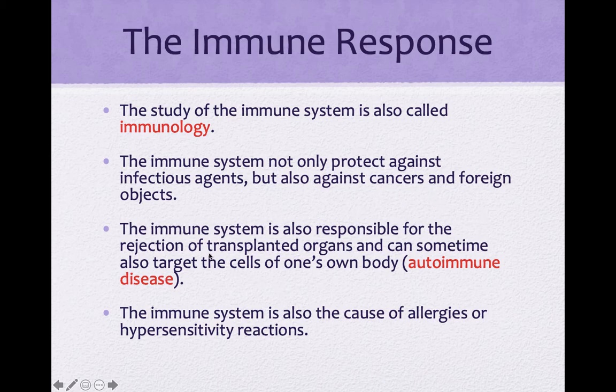The immune system is also responsible for keeping your body safe if you have transplanted organs and things like that. So if you have someone who has a very similar immune system to yourself, I'll kind of touch on that a little bit. It's a little complicated. It doesn't really have a whole lot to do with microbiology.